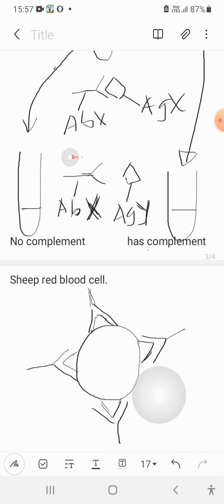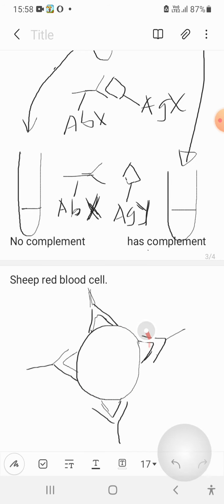So when you add it here, there is no reaction. So there is no complement. The red blood cells remain intact and you can view them under microscope. When you add here, there is complement inside here. There is going to be classical activation of complement system. When that is done, that is occurring on the surface of this cell.